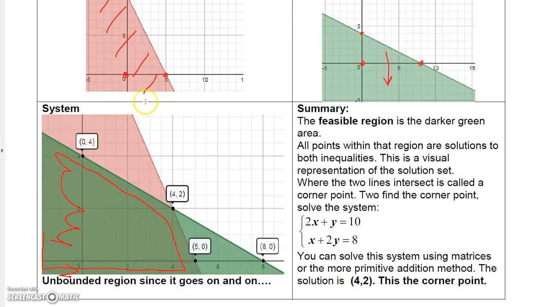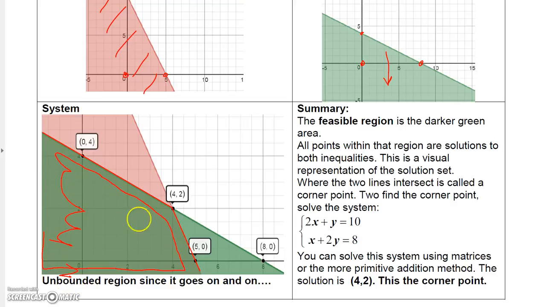It's bounded by this graph here, and then it's bounded by this graph here. So it changes direction there, and so it shows you it's bounded here. So this dark green region is actually the overlap. So you need to emphasize that more, show the overlap.